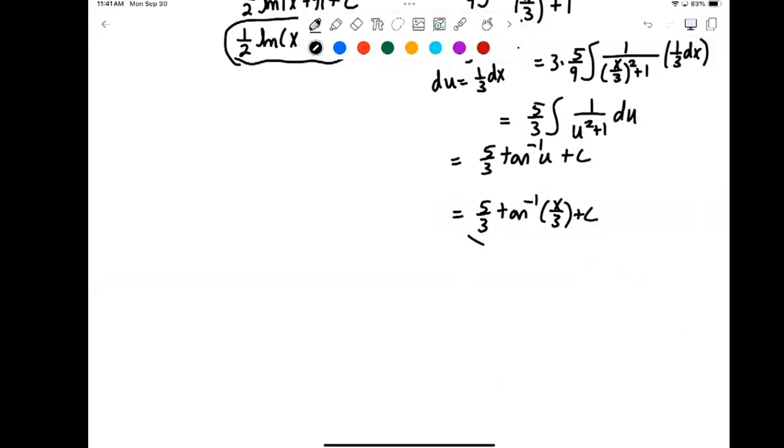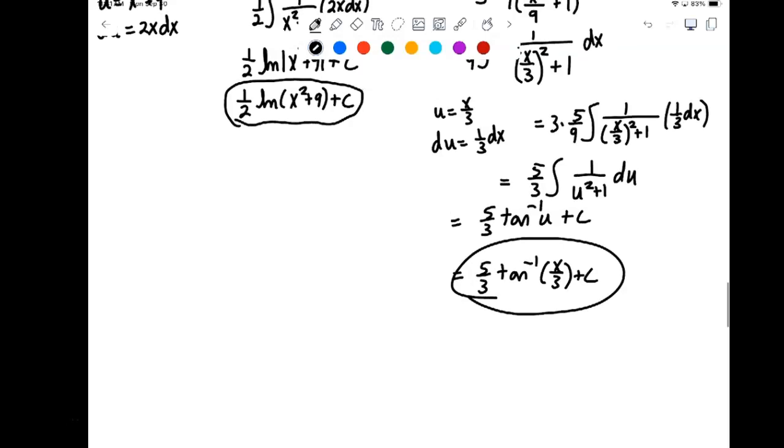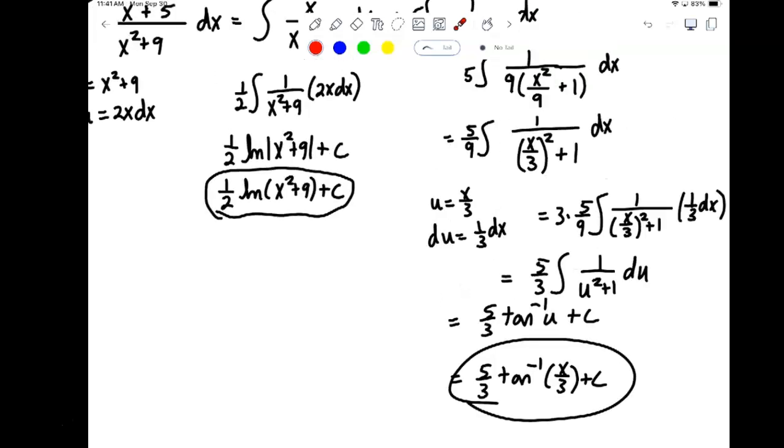So that's my second part. And then all we do is put those 2 pieces together. Now they both have a plus c, so those are again just constants. So when you put those together, it's just some new constant. So at this point, we then put all of that together.